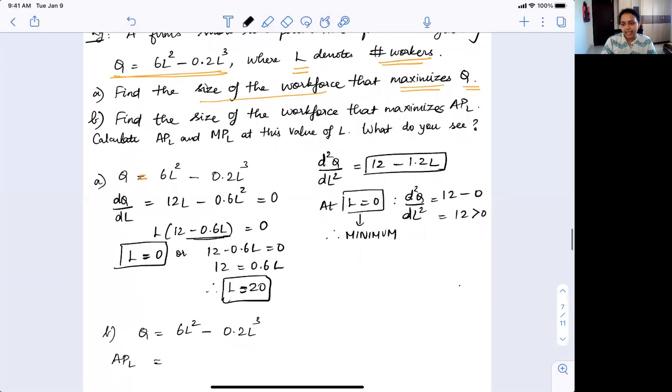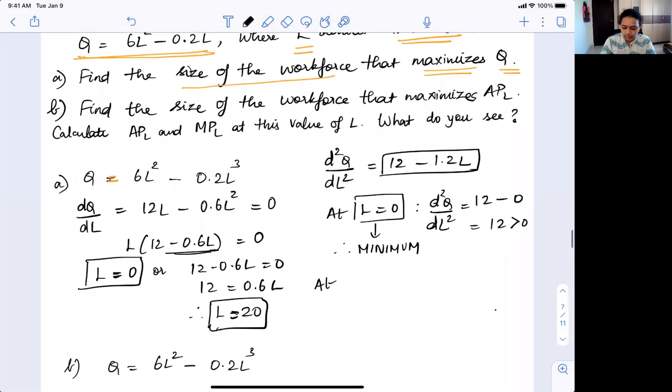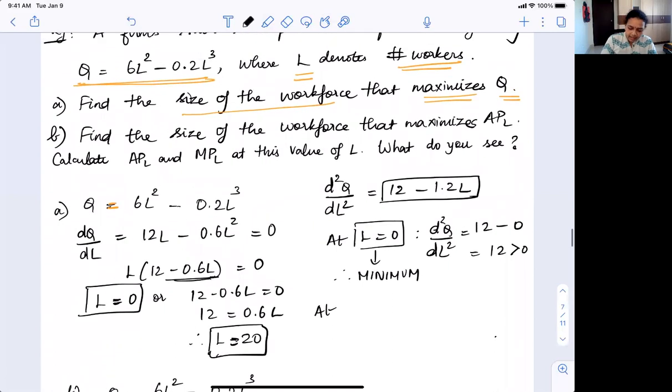If the second derivative is positive, you're dealing with a minimum point. Now let's look at the second derivative at L equal to 20. At L equals 20, d squared Q by dL squared is 12 minus 1.2 times 20.